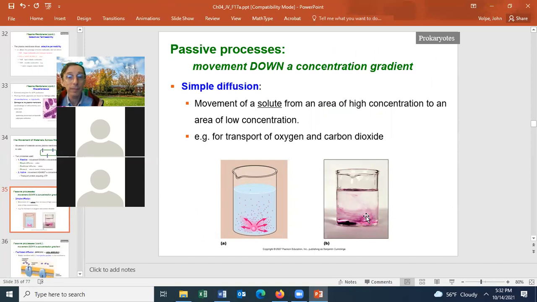All right, let's talk about the passive processes a little bit more detail. Remember, if it's a passive process, the molecule moves down a concentration gradient, moving from an area of high concentration, where you put the dye, to an area of low concentration, where there's very little dye and mostly water.